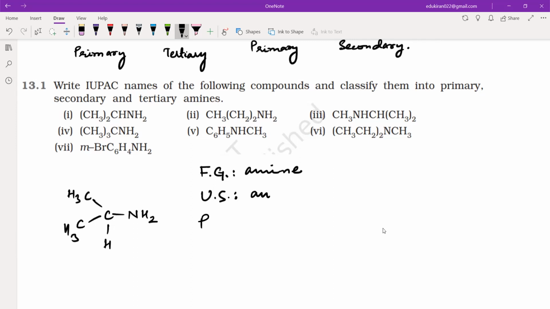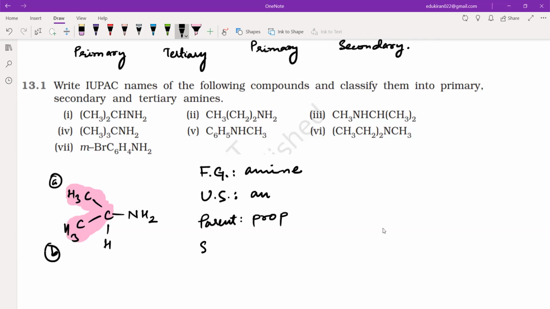Then you have the parent. For the parent, you have to identify the terminal carbons. How many terminal carbons do you have? A and B. Only these are the two terminal carbons, right? Yes, sir. So we don't have to do anything. This is going to be our parent chain because we don't have any other groups. So parent will be 3 carbons. So it will be prop.